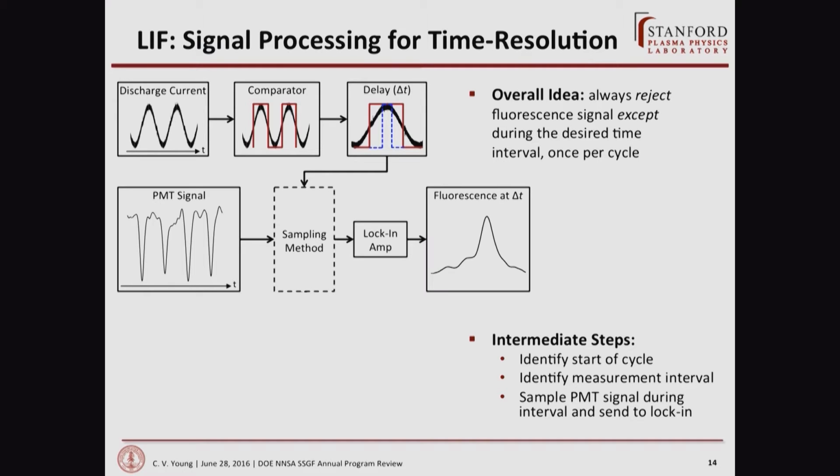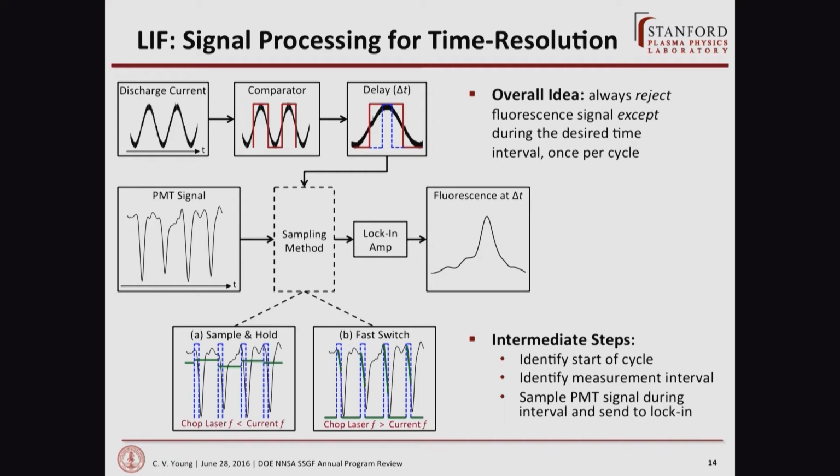And then here's our photomultiplier tube signal. Again, if you bypass all this and put that directly into the lock-in amplifier, we'll get one fluorescence peak, and that's the time averaged overall measurement. But by sampling the signal inside our measurement gates, we have two ways we do this. One, the sample and hold approach, where you basically average and then just hold a straight line, and that gets updated once per cycle.